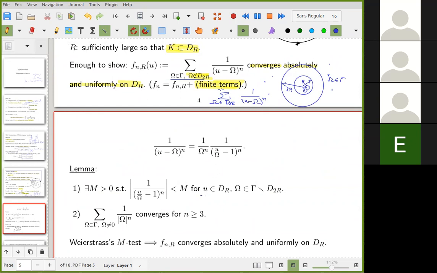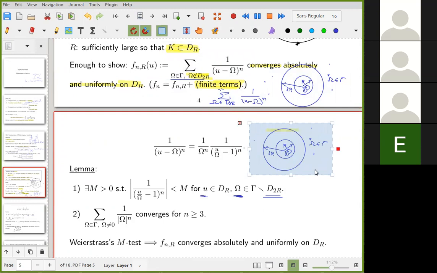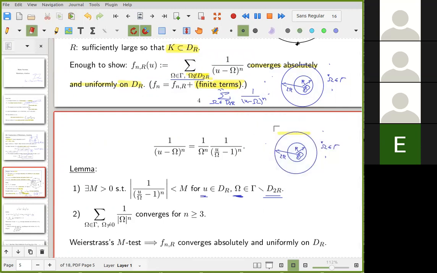Because if the lattice point is outside of this larger disk and U sits in this smaller disk, here it's U and here it's omega, then it is easy to prove that such quantity is bounded.